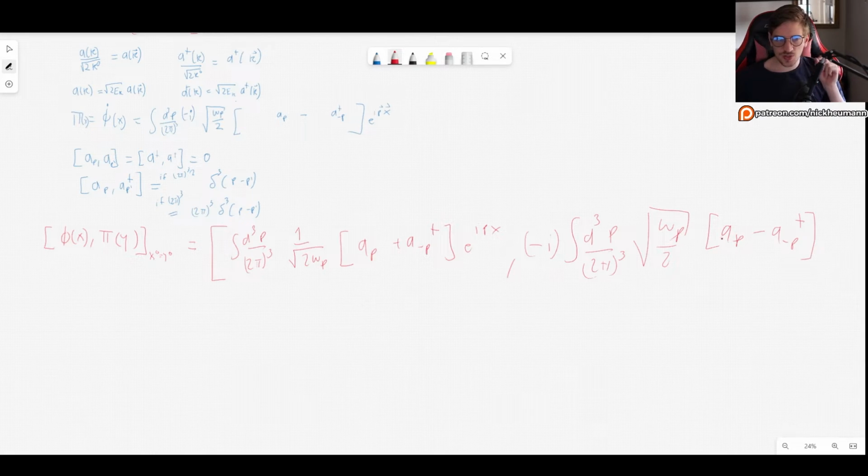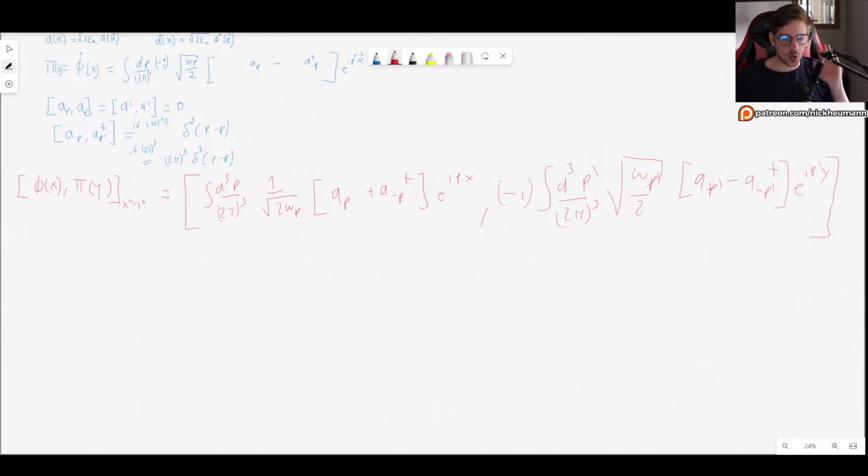And we have to consider this is now different momenta, so this is p prime, omega p prime, and then we have e^{ip'y}. Okay. So that's the commutator that we now want to solve.